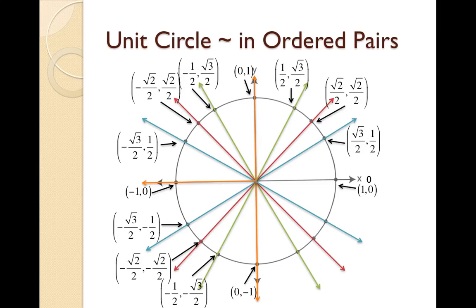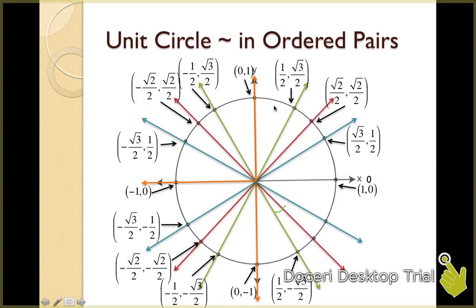And then finally, our next angle, if we continue to rotate around, is going to be 5 pi over 3. So again, our reference is the pi over 3 angle, right? Because now our reference is here. So that's a pi over 3 angle, just like up here.